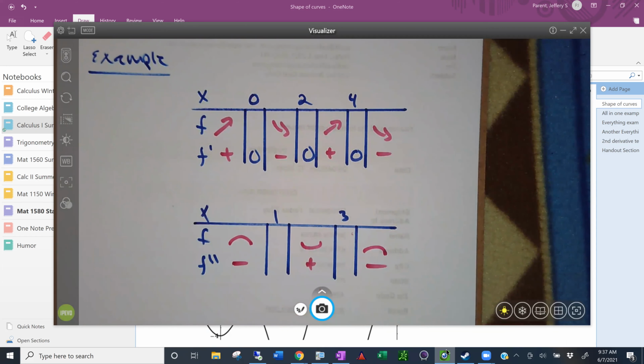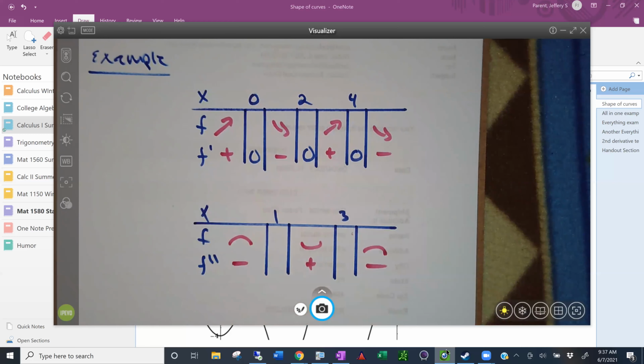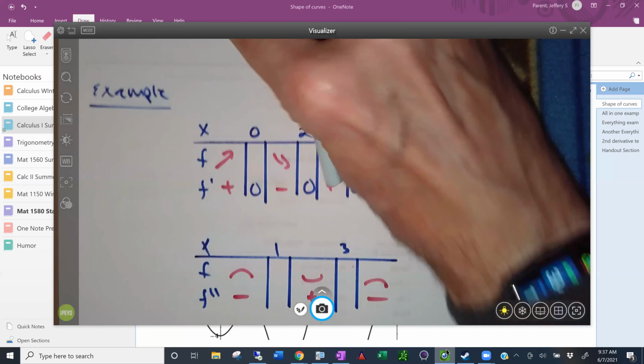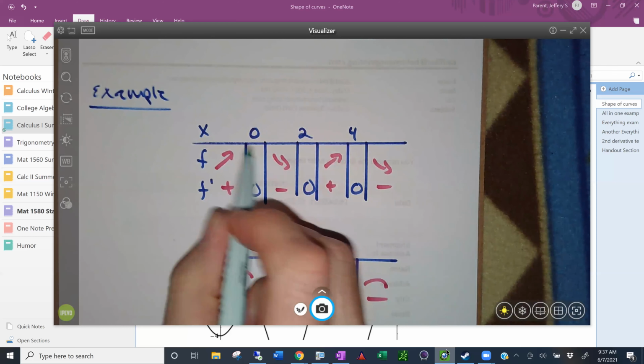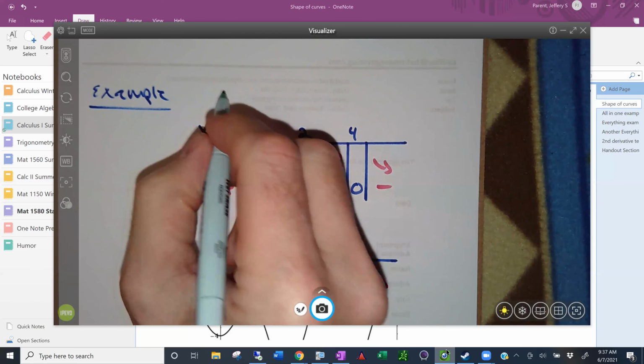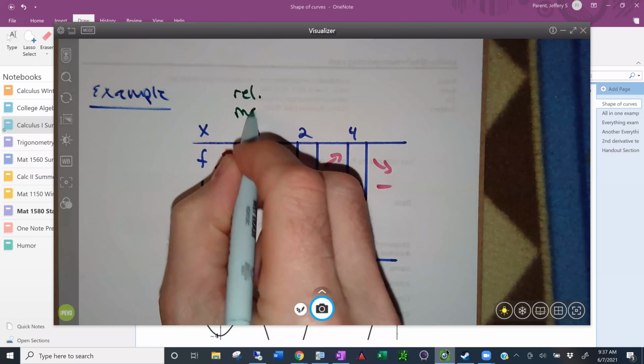All right. Notice the concavity doesn't necessarily match where your mins and maxes are. That's okay, it doesn't have to. In fact, in terms of mins and maxes, what kind of a point is 0 going to be? A relative max, thank you.